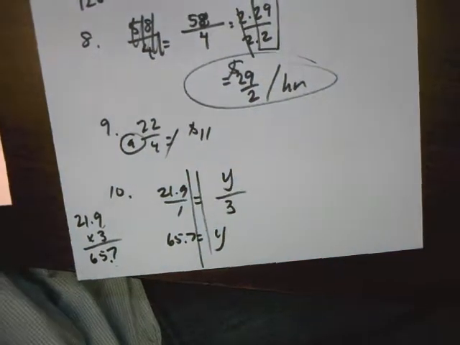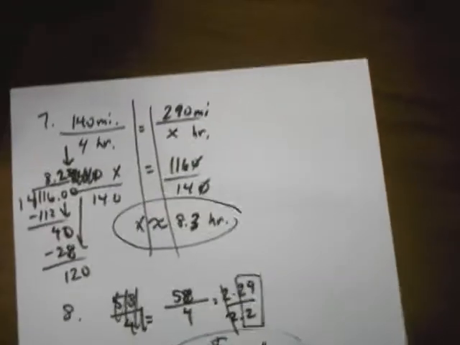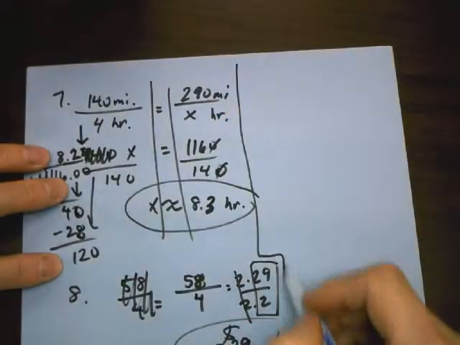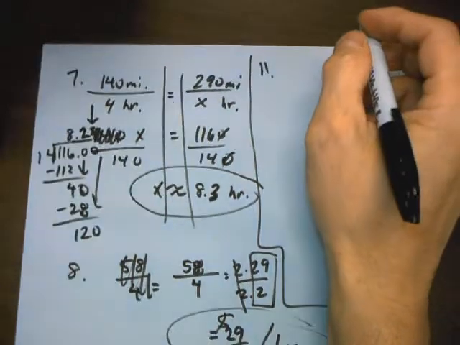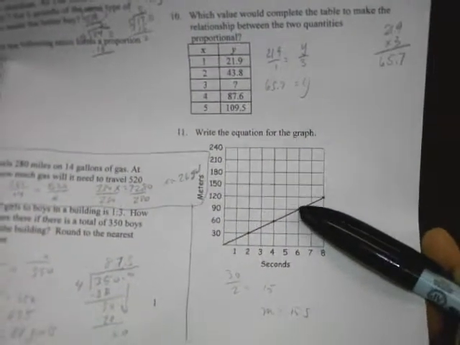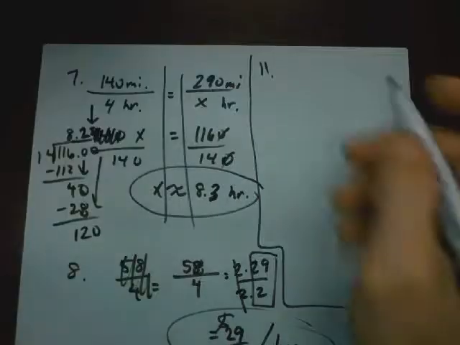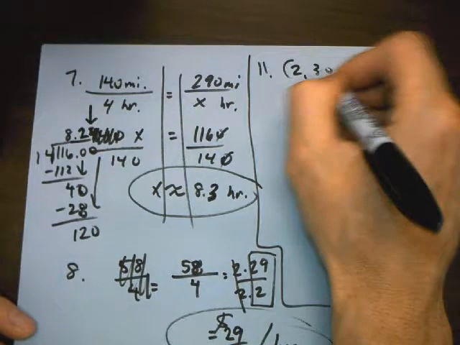Alright, number 11. Let's go back up here to number 11. 11 says write the equation. Now, I see this is proportional because it's a line that goes to the origin, so I take any set of coordinates. See, I go over 2 and up 30, over 2 up 30, or I can use any of those. They're all going to give me the same thing, but I got 2, 30.